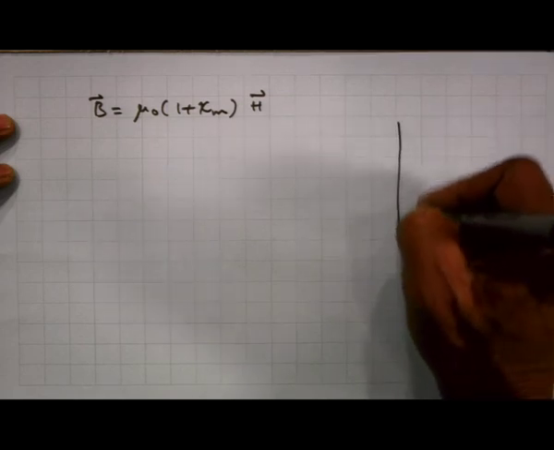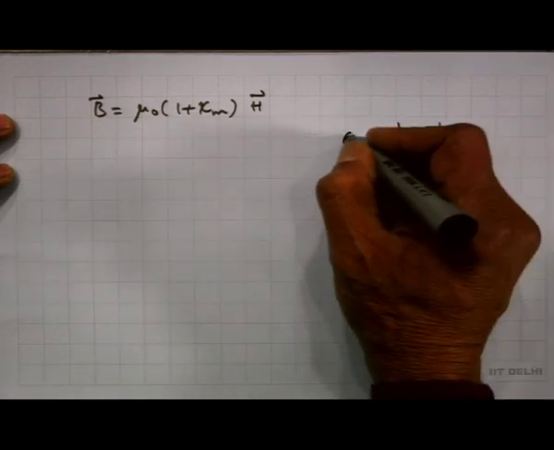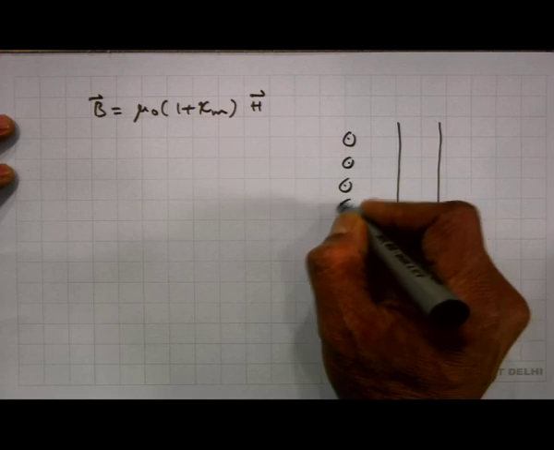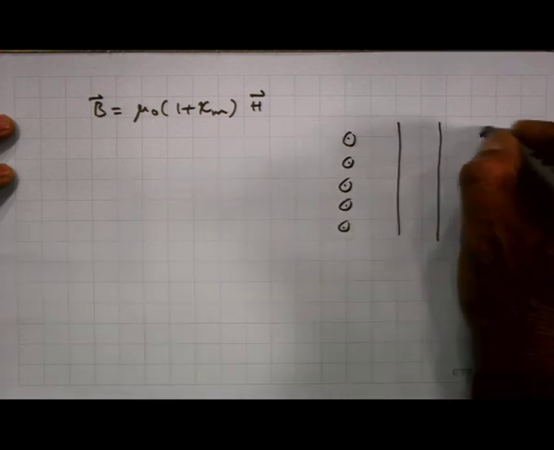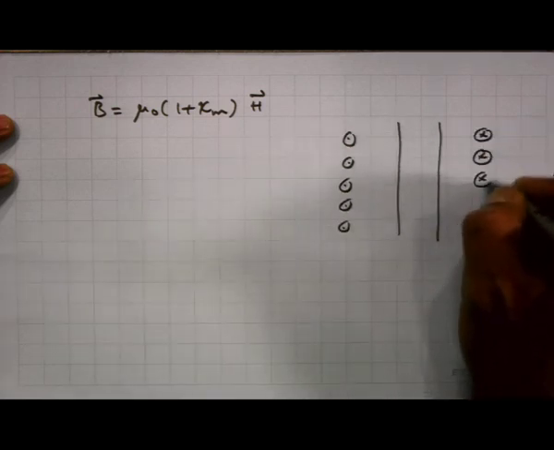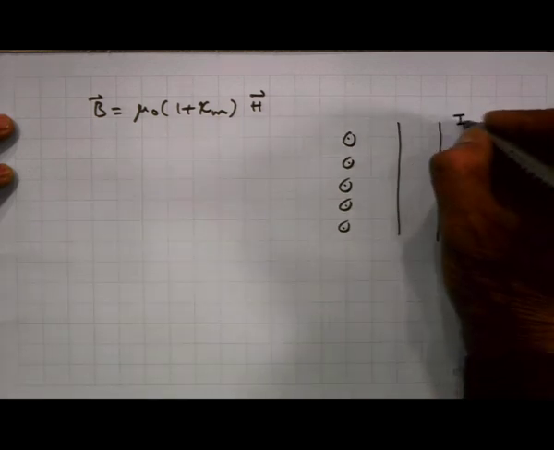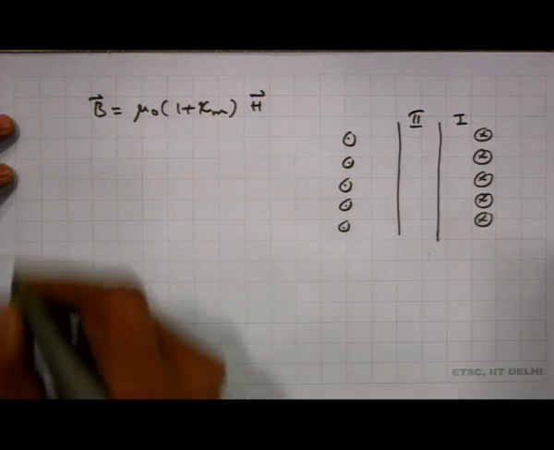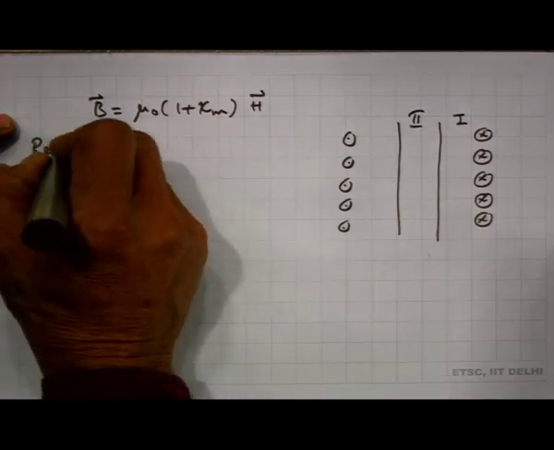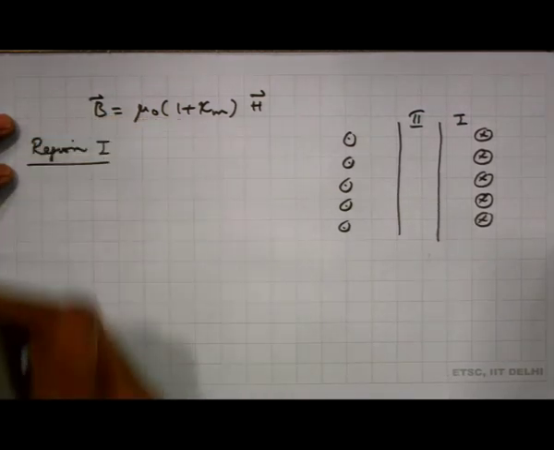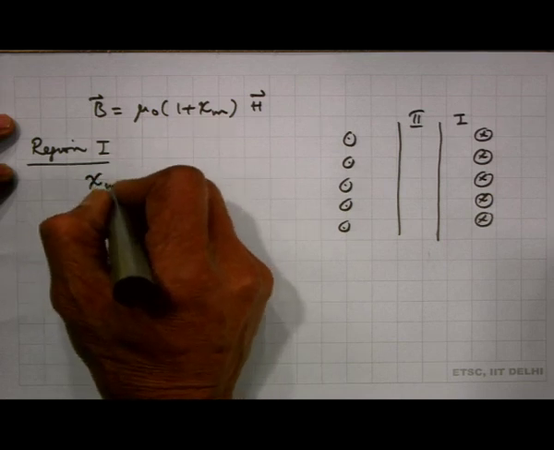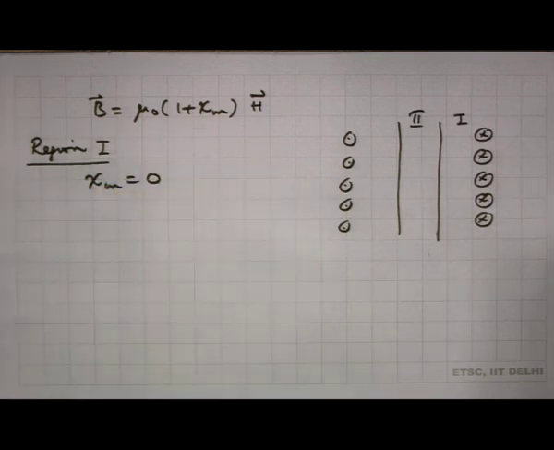So, let me draw again. So, this is the medium, here are the wires. Let me call this region 1 and this is region 2. So, in region 1, chi m is 0 because there is no medium.